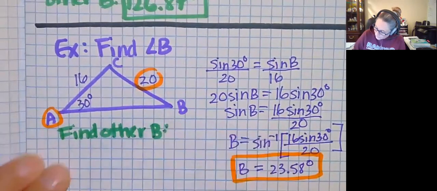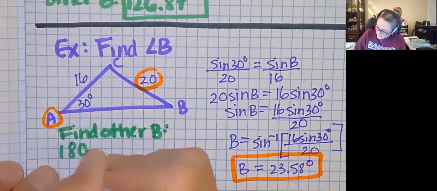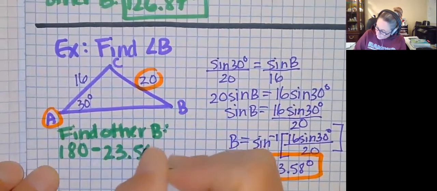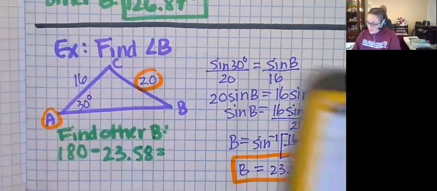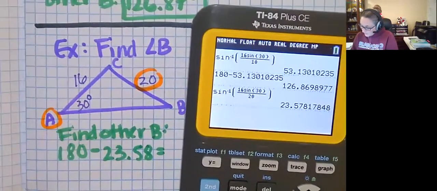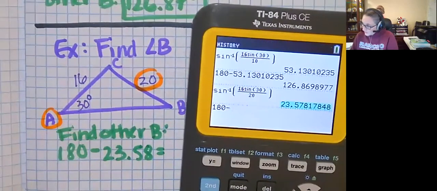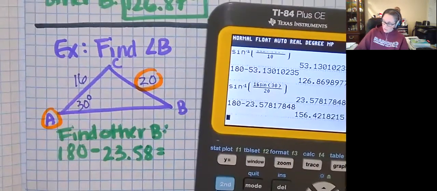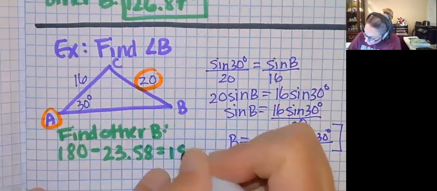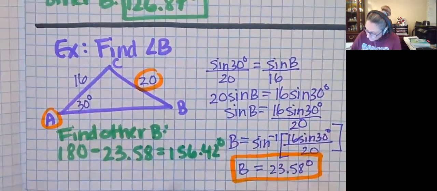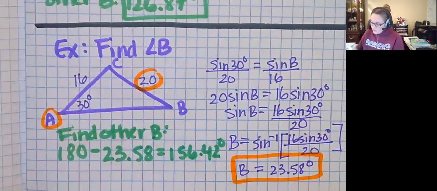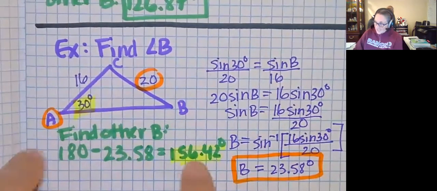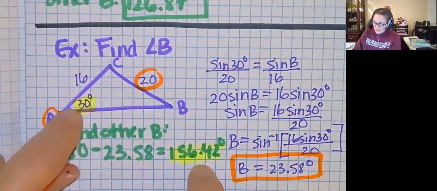To find the other B, what I'm going to do is take 180 minus this 23.58, and I end up getting 156.42 degrees. But if I pay attention to this angle here, plus this one, together, this is more than 180.